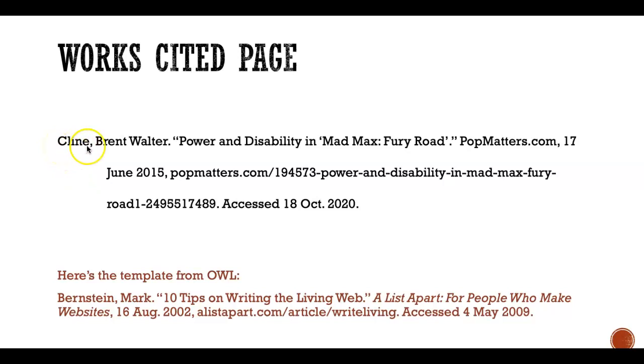So I have the author's name, last name first, first name last, in this case a middle name, then the title of the article, then the website or name of the site that the article appeared on. The original date was 17 June 2015, because remember, you always do that European version, so it's day, month, year.